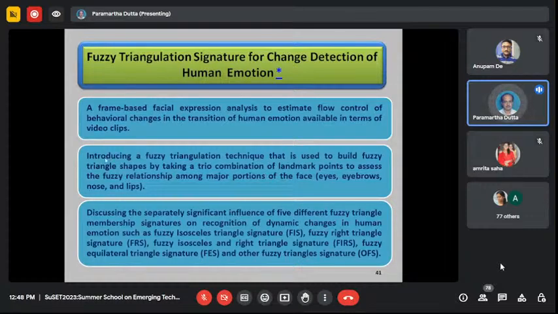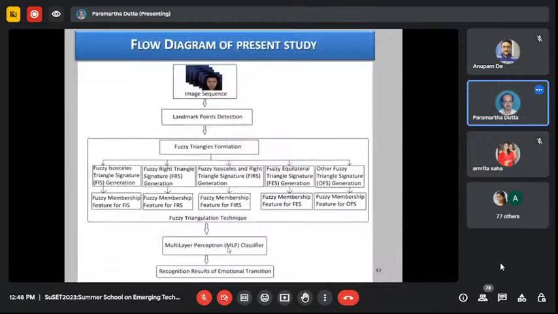Then the question of introduction of fuzzy triangulation, which we shall try to discuss, may not be to a very deep level, but to a meaningful detail as may be required for the present scope. Discussing the separately significant influence of 5 different fuzzy triangle membership signatures. In fact, we shall see that because of fuzzy triangulation, different types of possibilities would crop up, which would be clear once they are introduced.